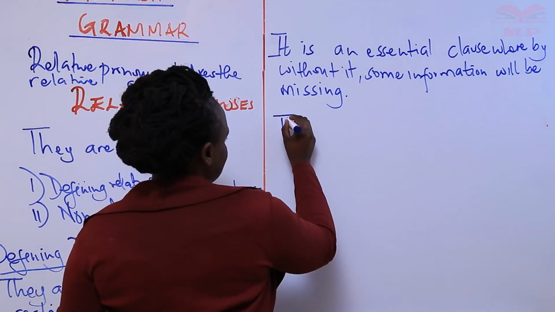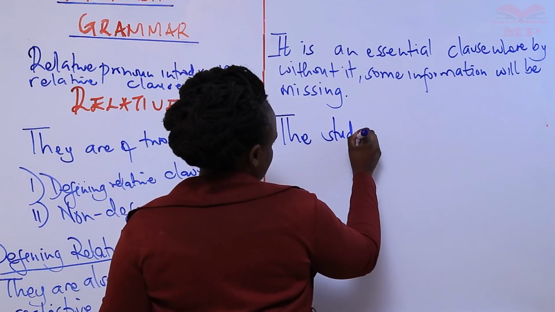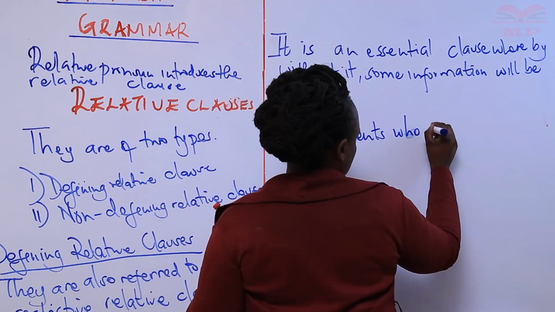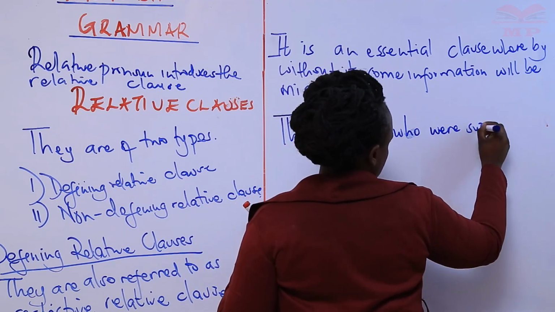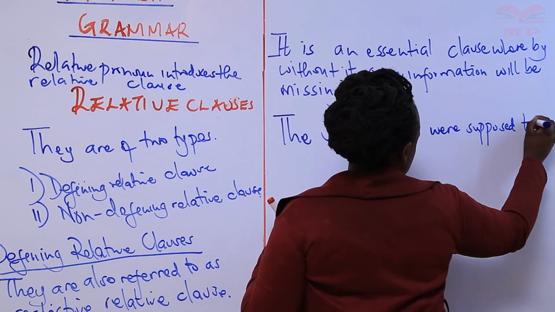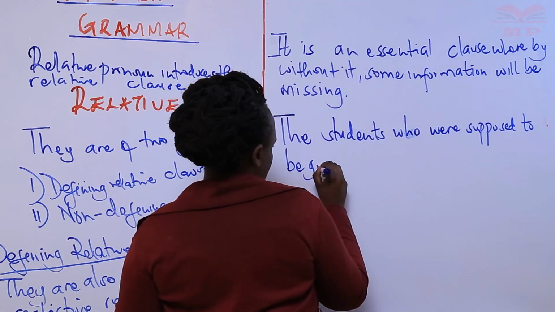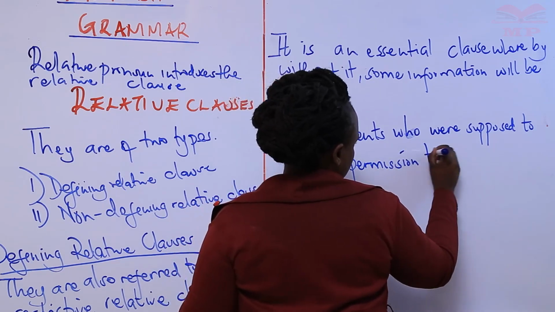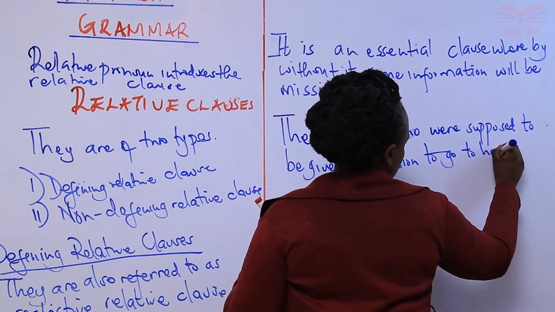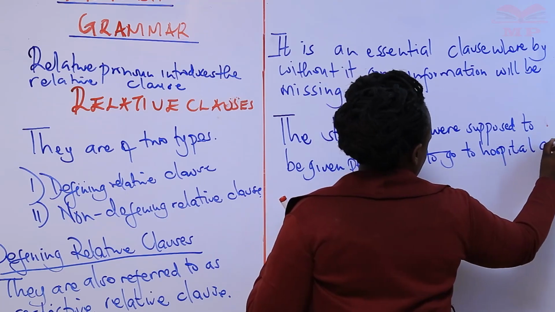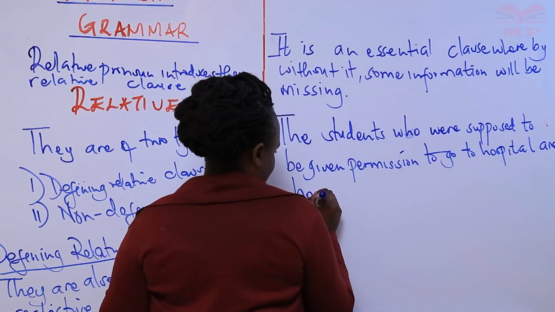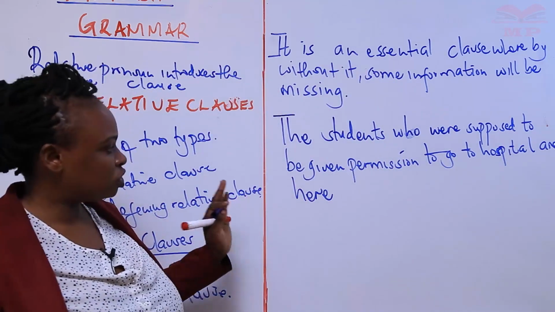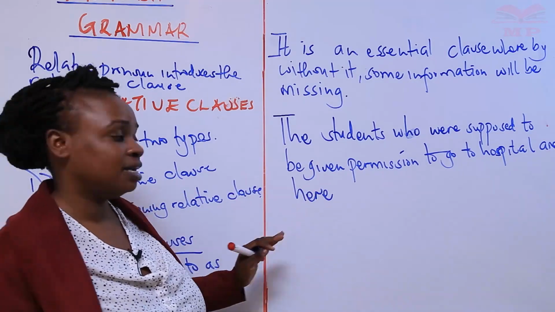So, for example, the students who are supposed to be given permission to go to hospital are here.